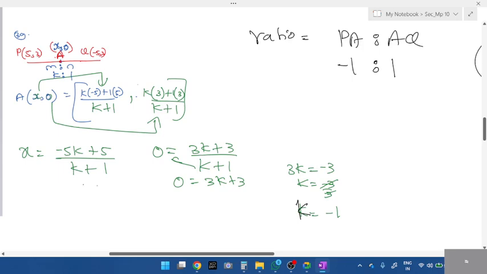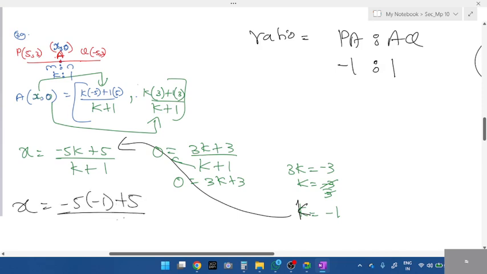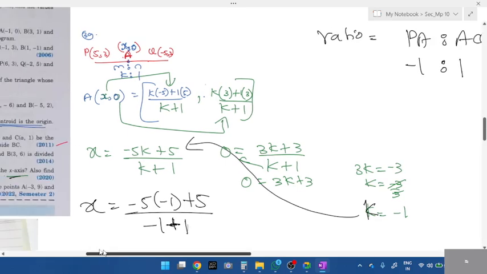Substitute k as -1 here, you will get the x value. Okay, so anything divided by 0 is undefined, right? The x value is getting undefined.